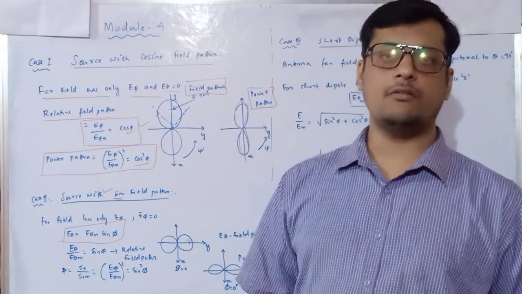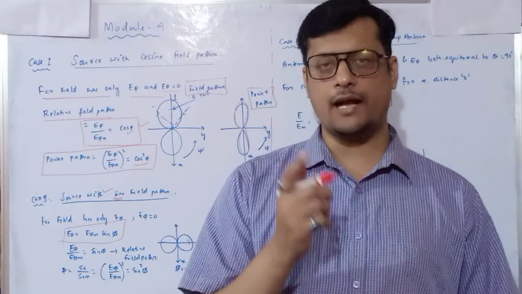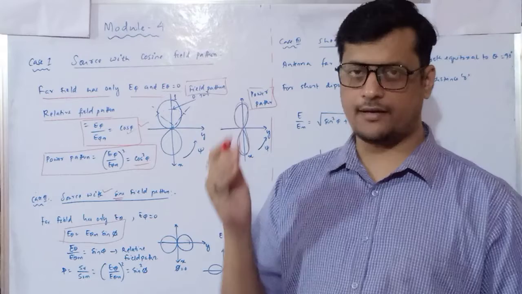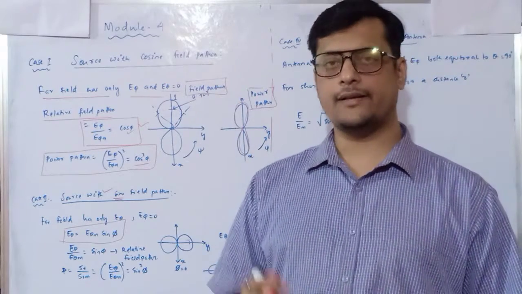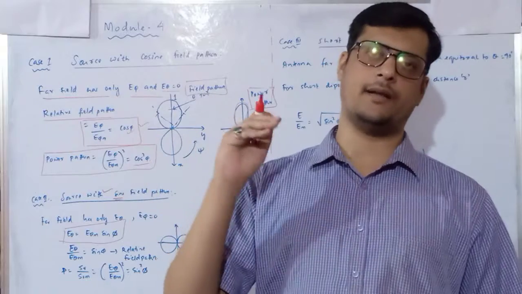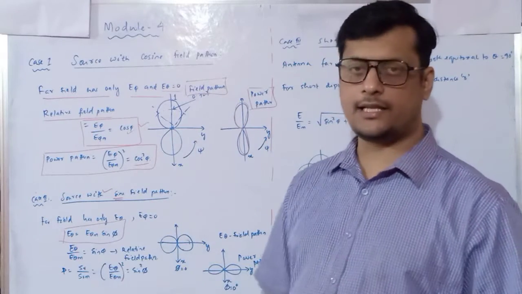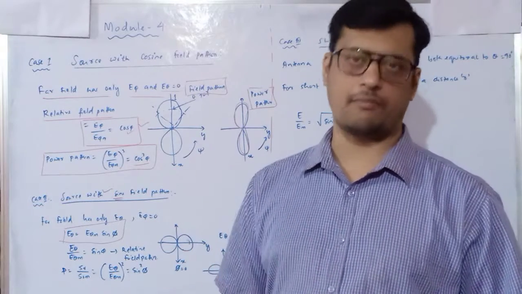But when you calculate the power pattern, you need to square it. As I have told, the power pattern equals Sr divided by Sr m, which equals U divided by Um, which equals E divided by Em whole square. So what is E theta divided by E theta m? It is sine phi. Square it, you will get sine square phi.